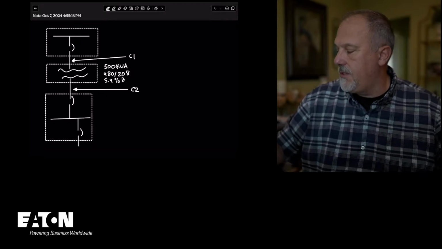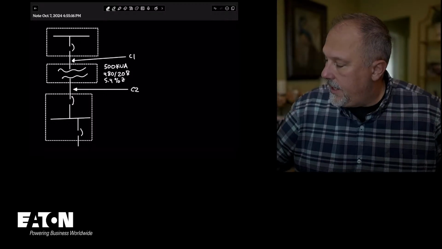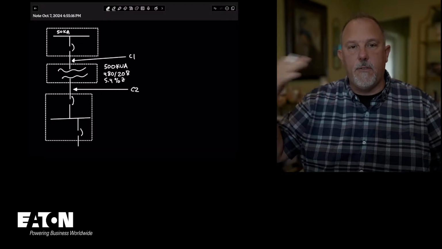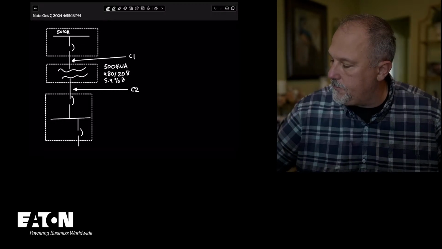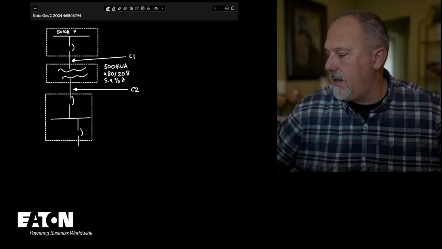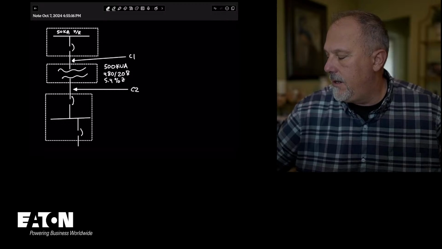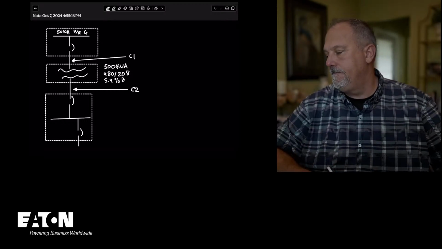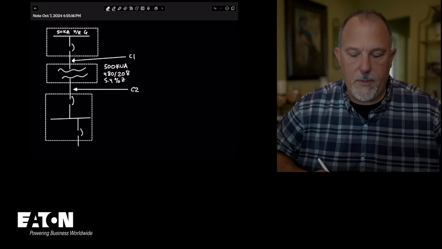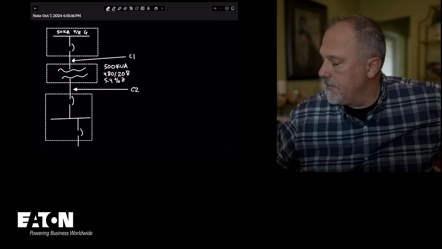I wanted a nice arrow. We're going to assume 50,000 amps available fault current at that upstream panel board, and we're going to use an X to R of 6. You'll get the feeling for what that means as we go through.